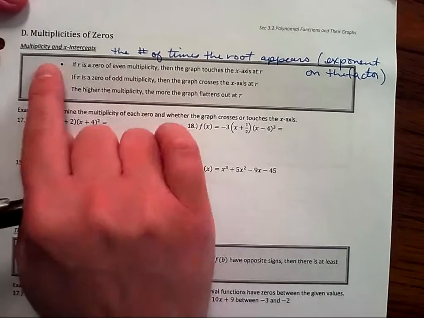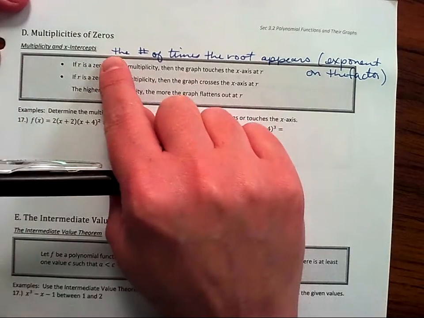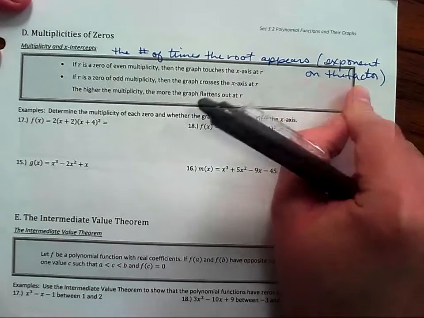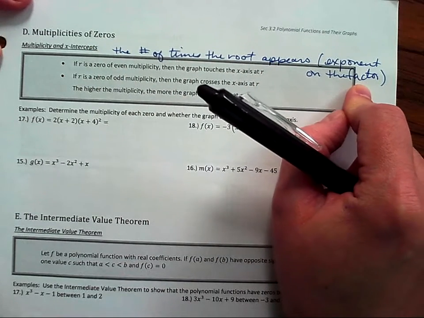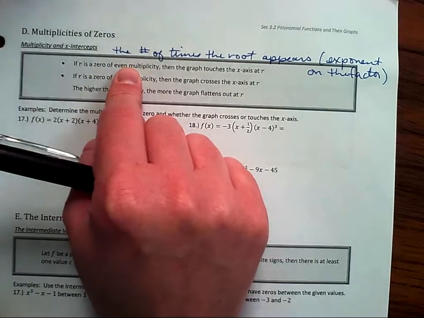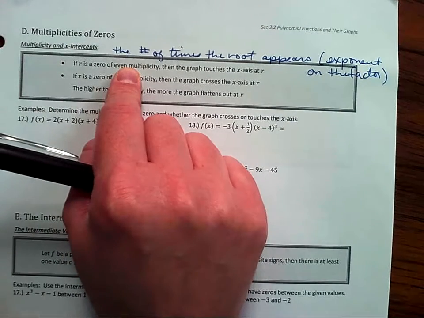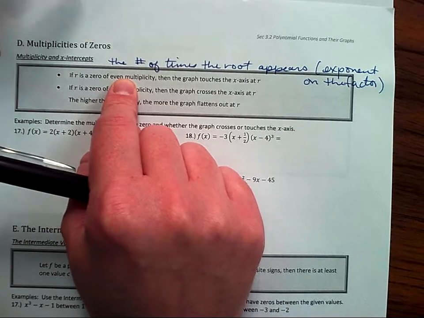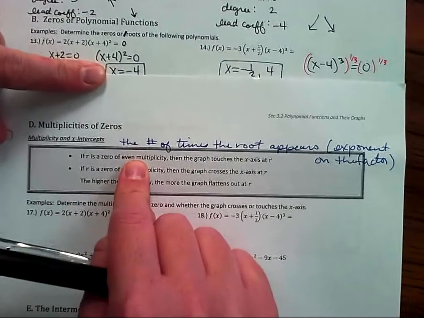So multiplicity and x-intercepts. The multiplicity is the number of times the root appears, or the exponent on the factor. If r is a zero of even multiplicity, that's like this one, right?